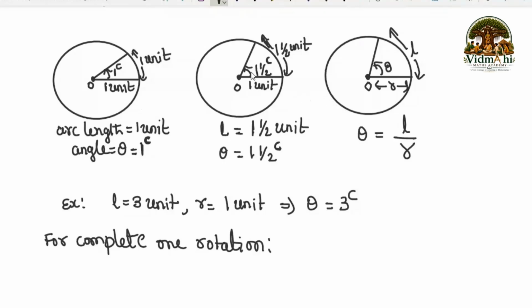Like that, for a complete one rotation we have to consider the boundary of the circle, that means the circumference of the circle.